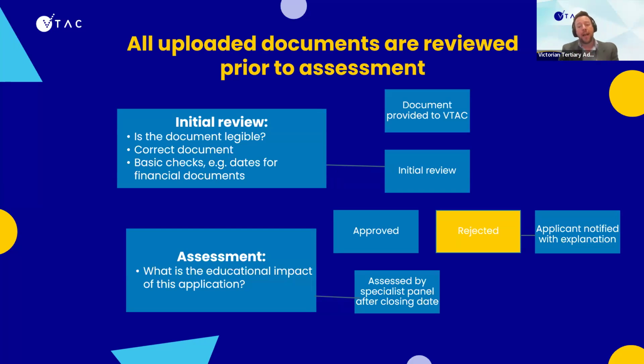With thousands of applications, this process takes time, which is why we advise applicants to submit their documents as soon as they are able. This can help ensure that the initial review is completed in advance of the equity scheme's closing date on October 10. That way, if there is an issue, they'll have an opportunity to resubmit.